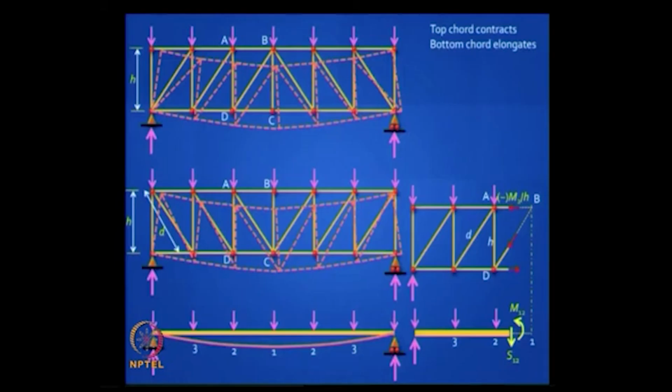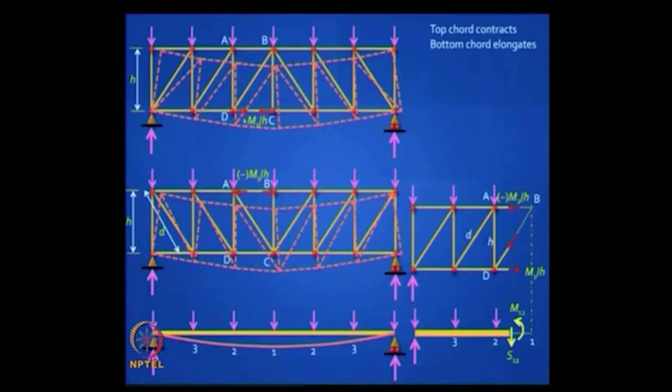So if you cut a section here, for example, if you take moments about the point B, you can find out the actual force in the top chord in the second truss and the bottom chord in the first truss. It is given by the bending moment at that location, where B is, divided by the height of the truss.